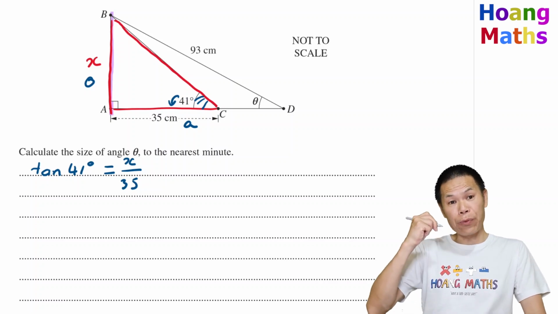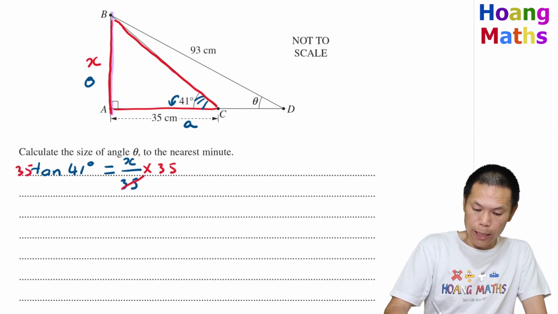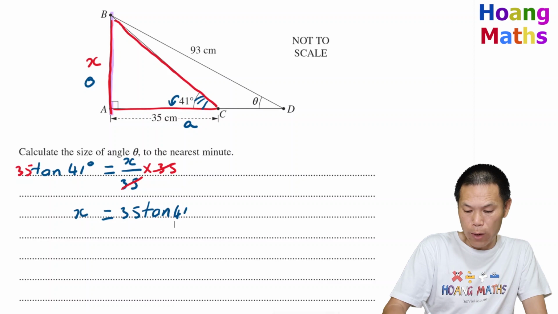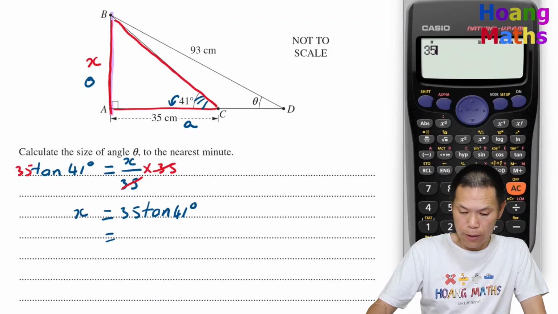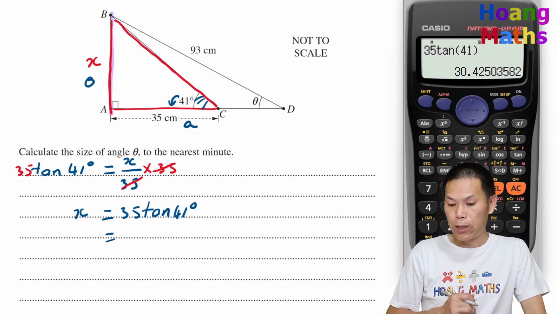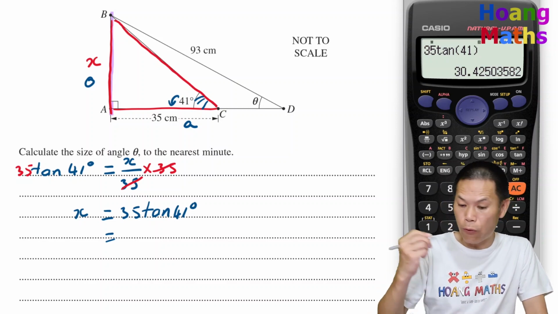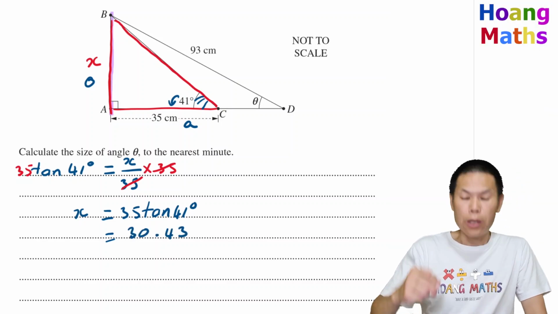If I multiply by 35 on both sides, that cancels out. So x is 35 tan 41 degrees. So that will give me 30.43.